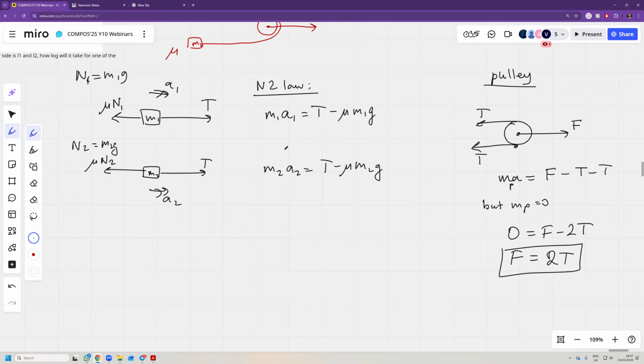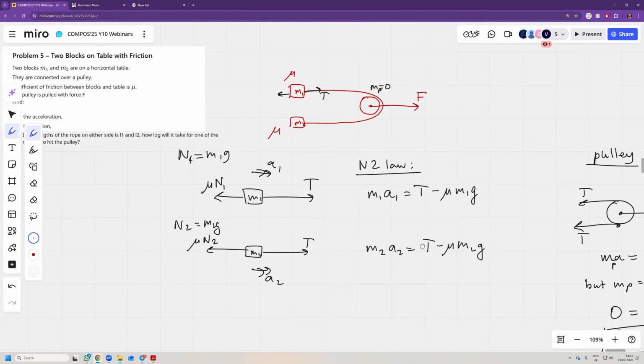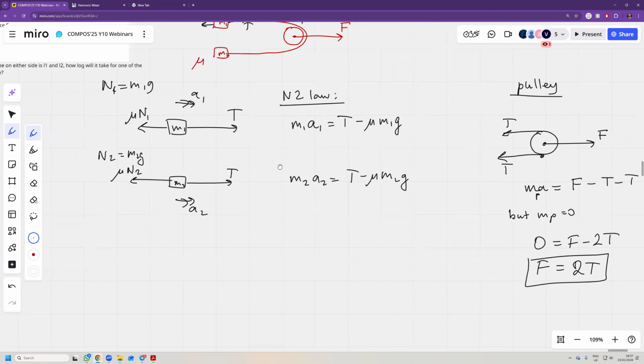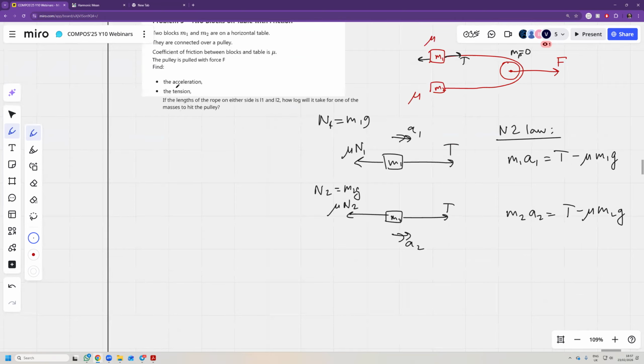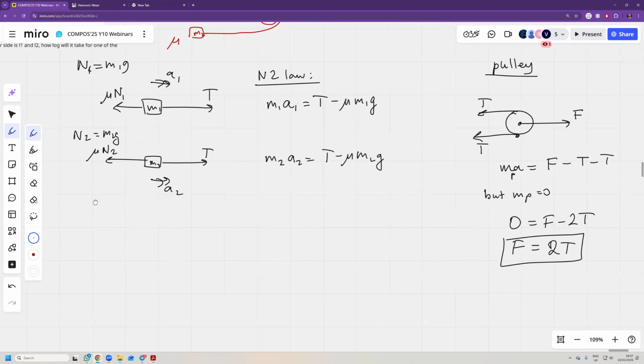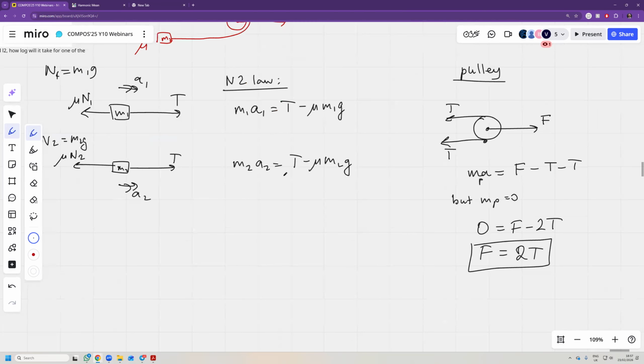Right, so we can just add them. Do we want to add them? Or what do you want to find? That depends. The tension is just simply F over 2. That's easy. The acceleration: let's take one of them, A1, from the first equation.